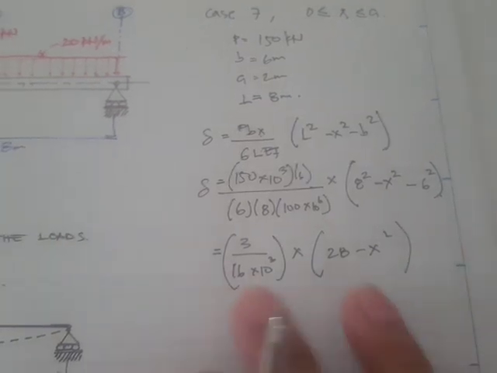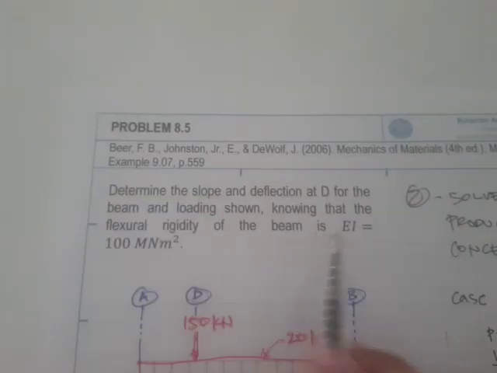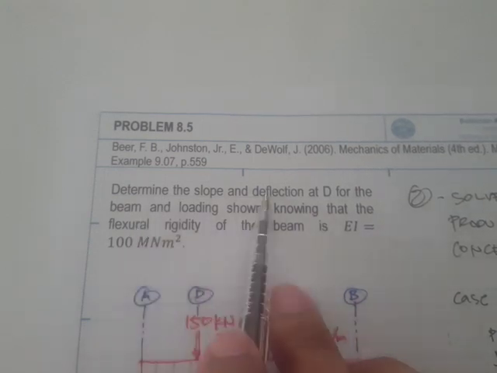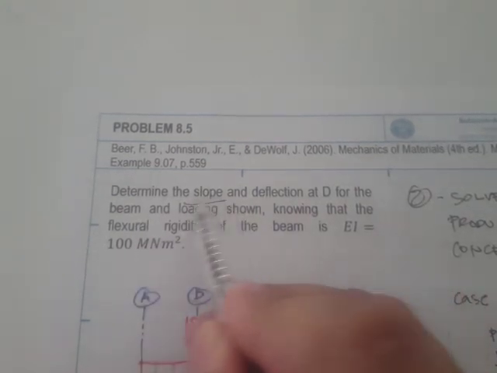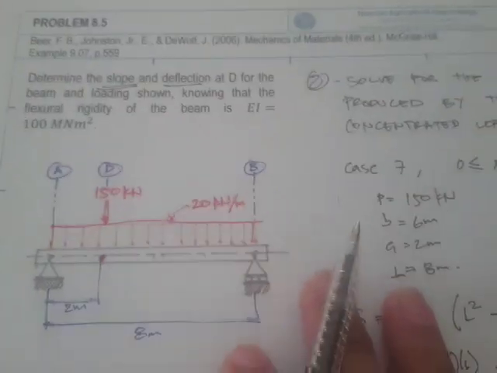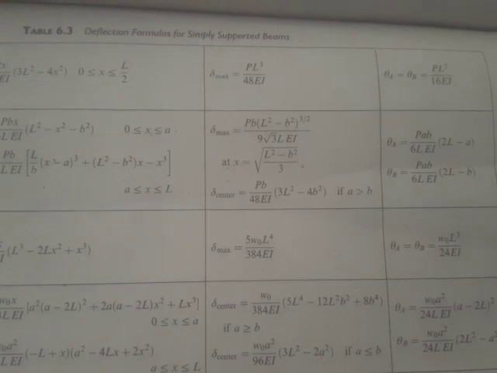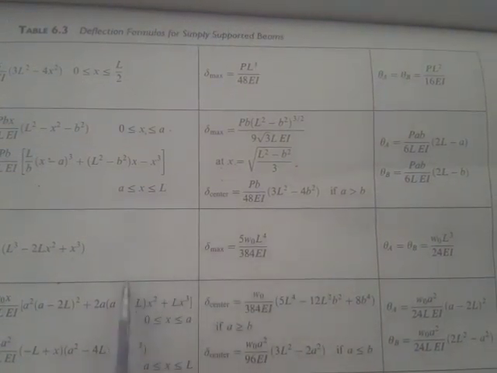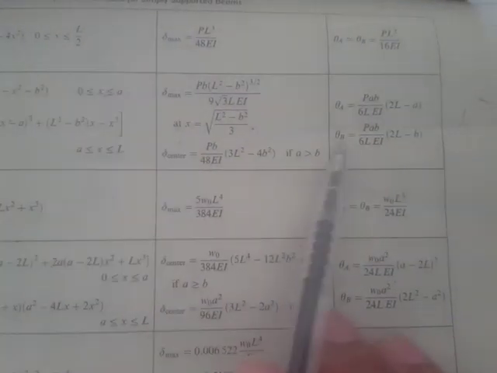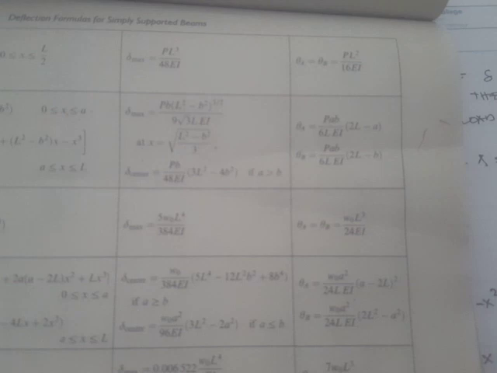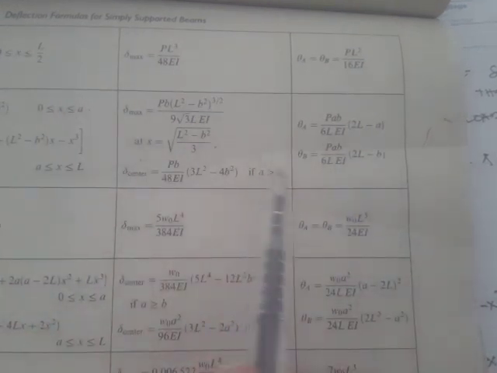Okay, so we are asked to find the deflection and the slope. How do we determine the slope if it's not in the table? Because right here we only have the slope at A and the slope at B, and we are asked to find the slope somewhere in between.